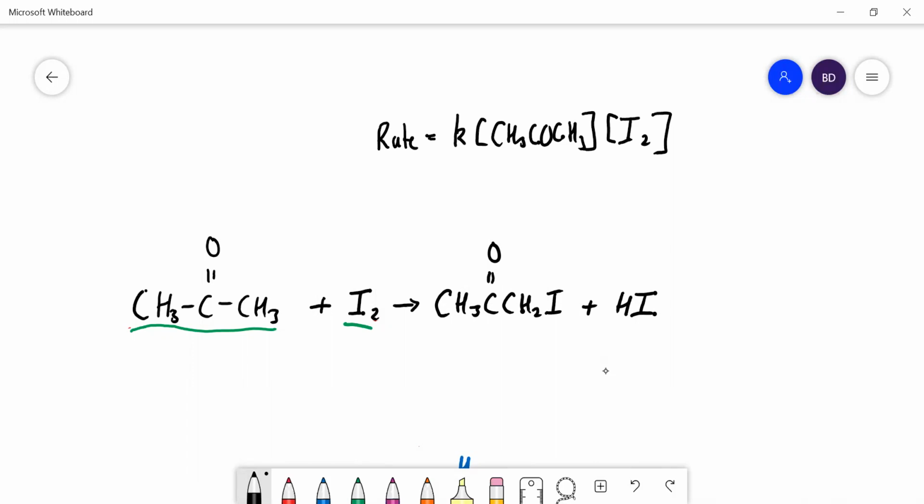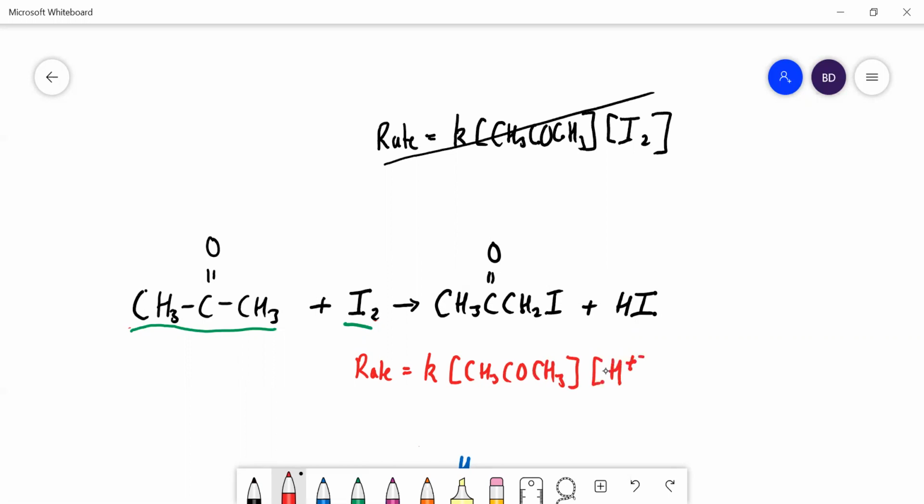Now, when you look at the rate equation, you don't get that at all. You get, let's write it down here, in a different color, rate is equal to, right, it's first order with respect to propanone, but iodine doesn't appear in the rate equation. And it is first order with respect to hydrogen ions.